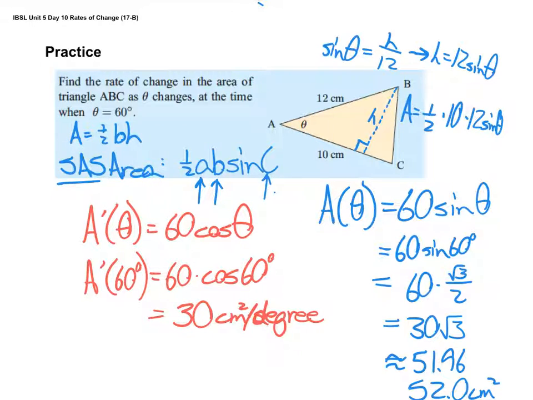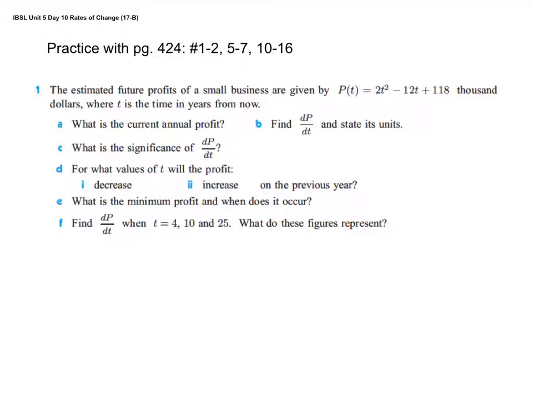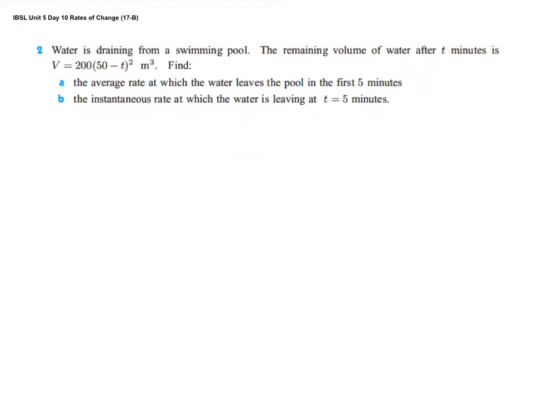Okay, now the rest of this is practice. Here we've got some with profits. T is our time in years, and we have different profits based on our time.